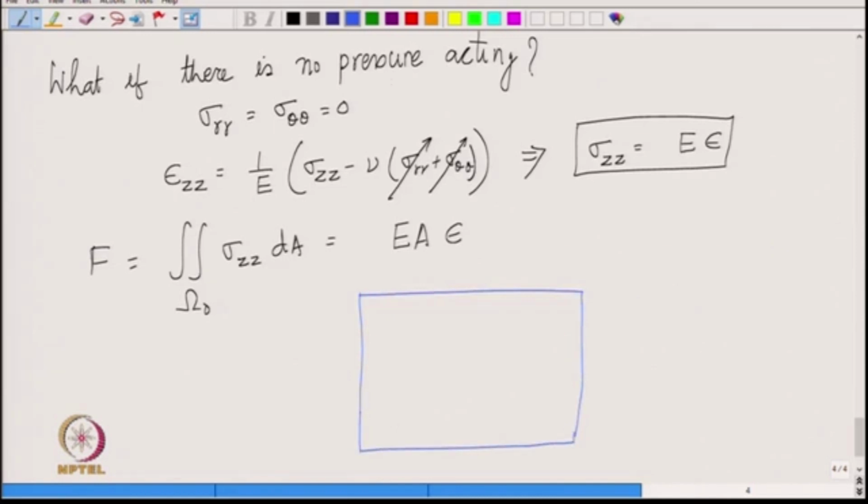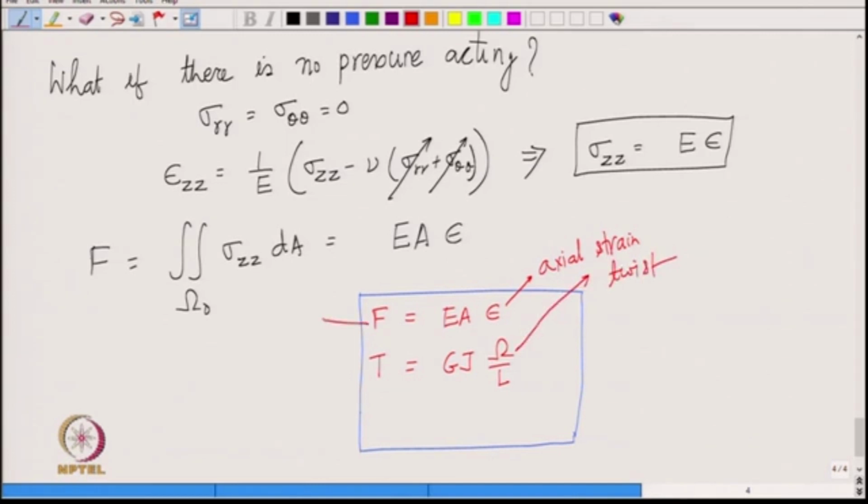So, we figured out that F, the axial force, is equal to EA into epsilon, and the torque T is equal to GJ into omega by L, where this is the axial strain and this number here, that is the twist, okay.